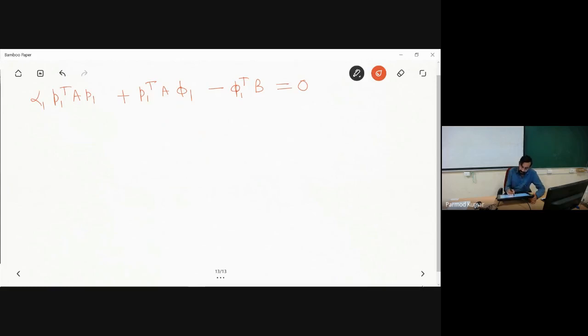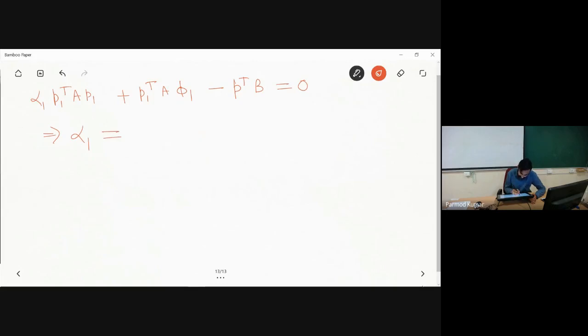Over here, this P1 T will come outside, and A phi 1 minus B will become nothing but R1, so that will become minus R1.